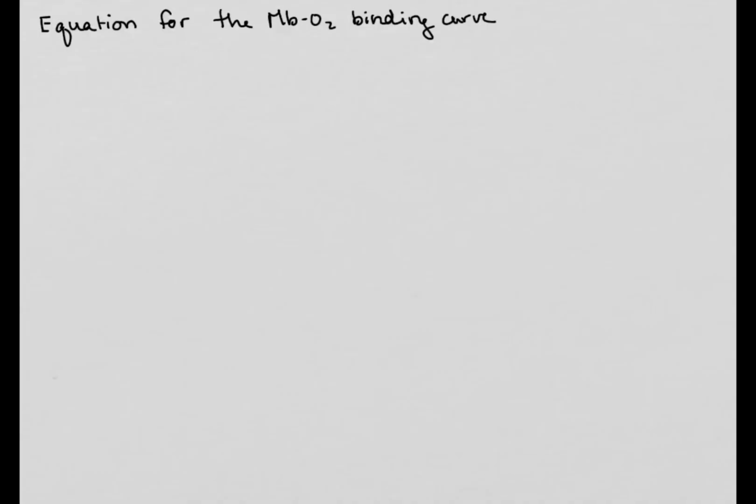We can derive an equation for the myoglobin-oxygen binding curve. In order to begin, let's write the dissociation equation, the equilibrium equation for the dissociation of myoglobin and oxygen. And we can write the dissociation constant for this.